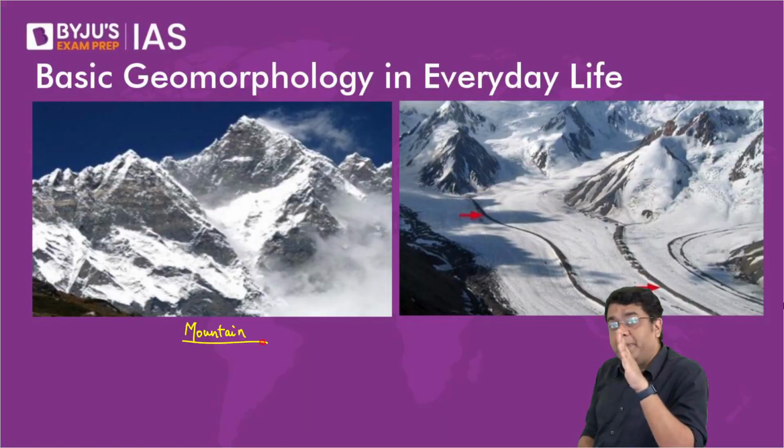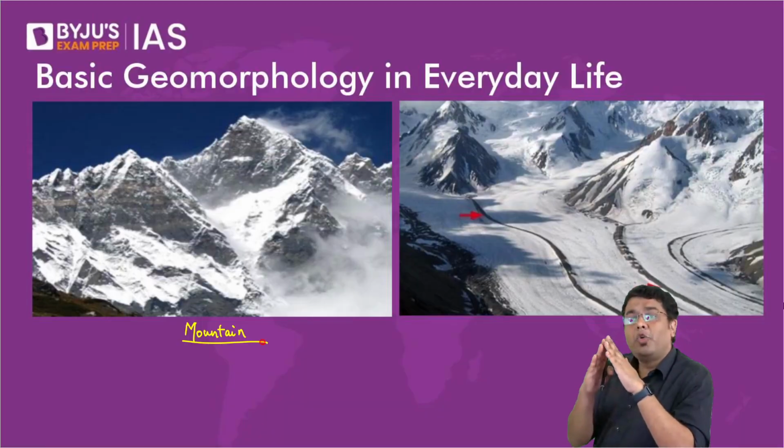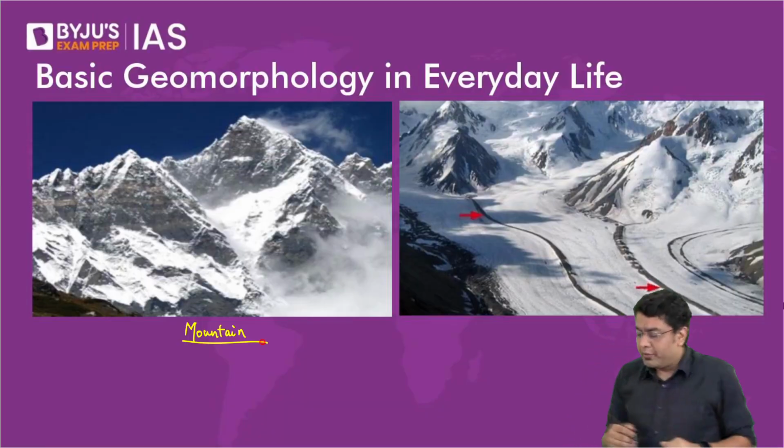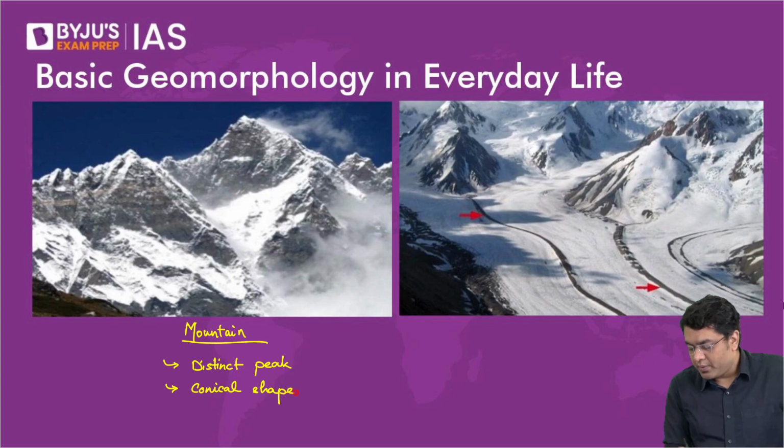Generally, the slope will be very steep in the case of a mountain, with a conical peak-like top. A distinct peak, conical shape, and great height.